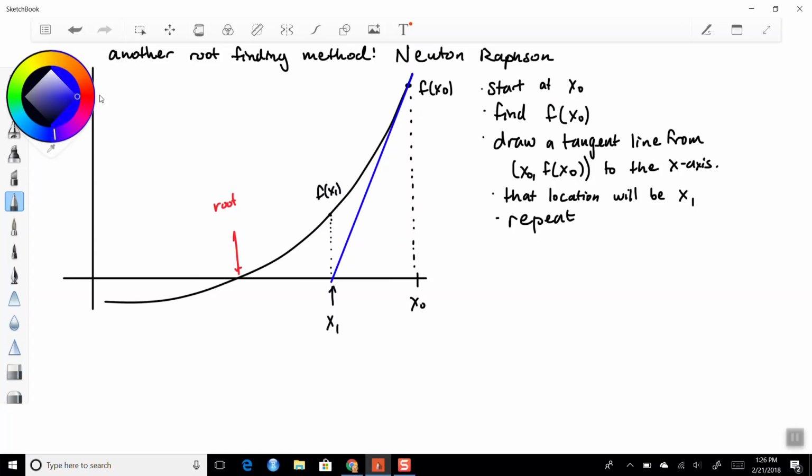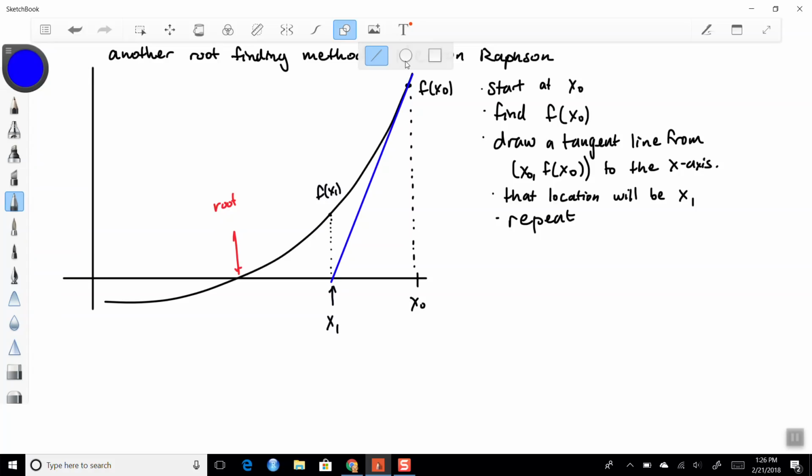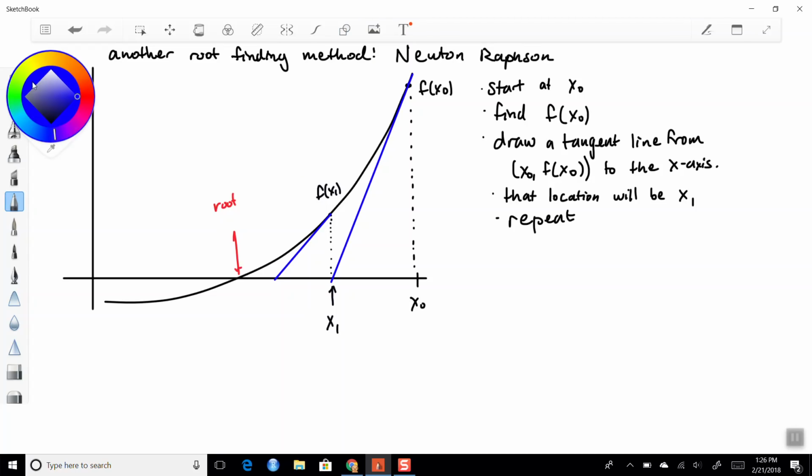I draw a tangent line at that location. So maybe it looks like this. I don't know. Okay. And then this location here will be x sub 2. And so on, and we repeat the process, okay?